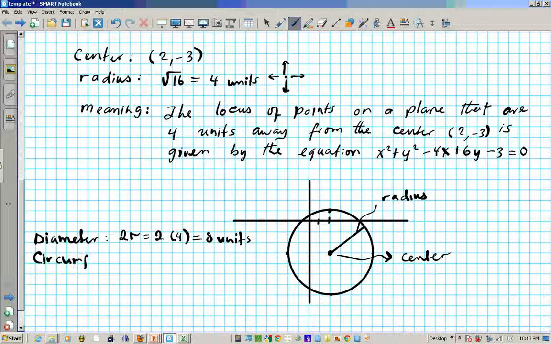And then the circumference. The formula for circumference is 2 pi r. Since r is 4, our circumference is going to be 2 times pi times 4, which is basically 8 pi units.